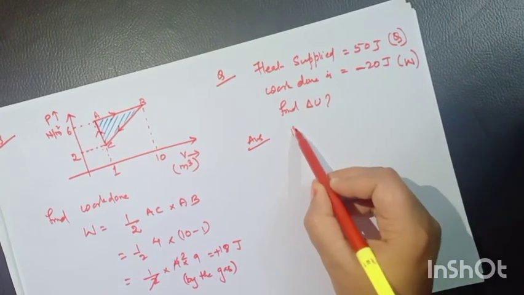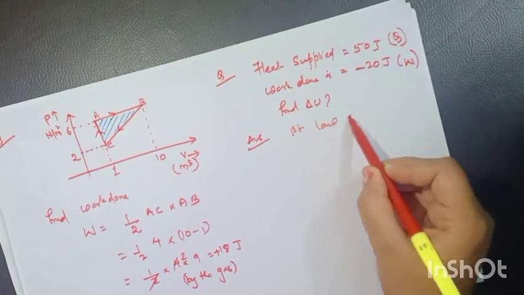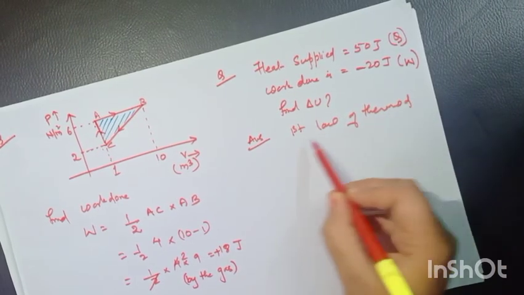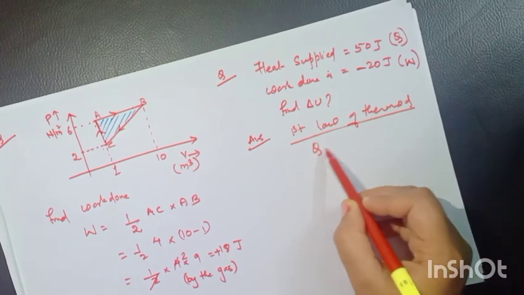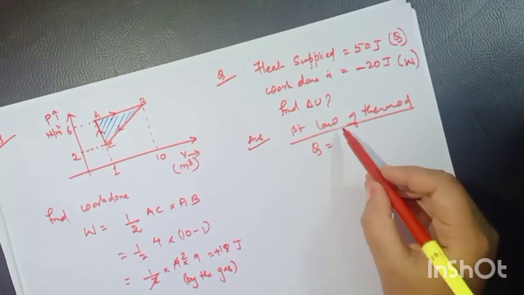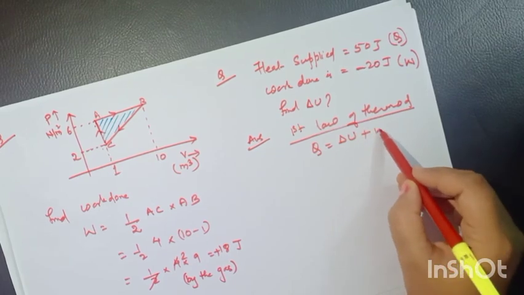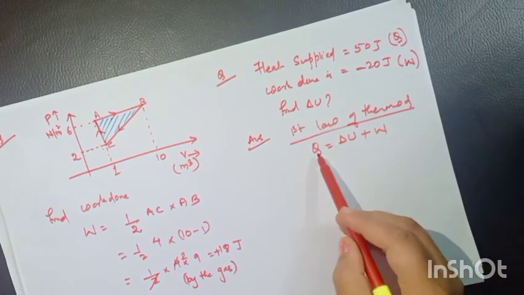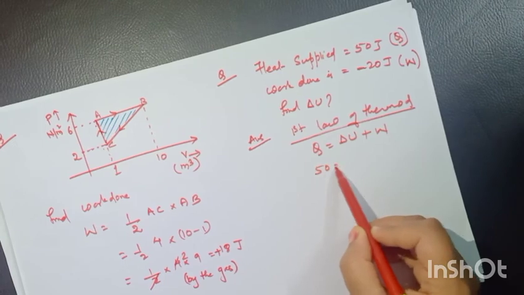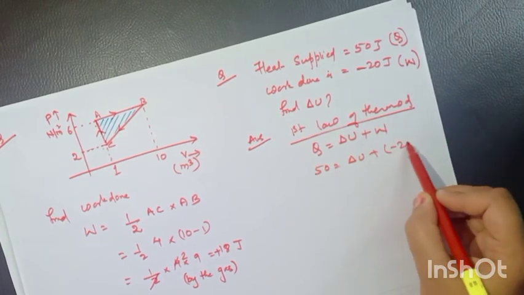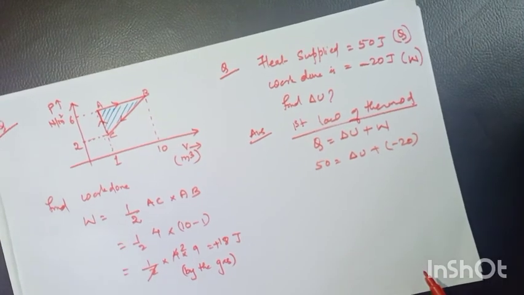So applying the first law of thermodynamics. The first law of thermodynamics states that the amount of heat supplied is converted into two parts, basically, that is to change the internal energy of the gas and to do some work. So Q is 50 joules, and we don't know the change in internal energy, but we know that the work done is minus 20.